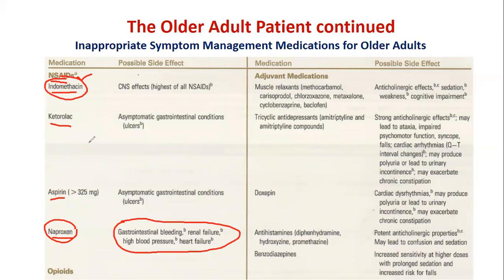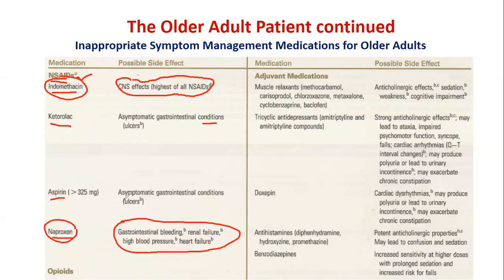Now indomethacin has central nervous system effects, the highest of all NSAIDs. Ketorolac has asymptomatic gastrointestinal side effects. And aspirin, right? The most popular drug, sometimes we use it to protect our heart as well. So let me tell something about aspirin.